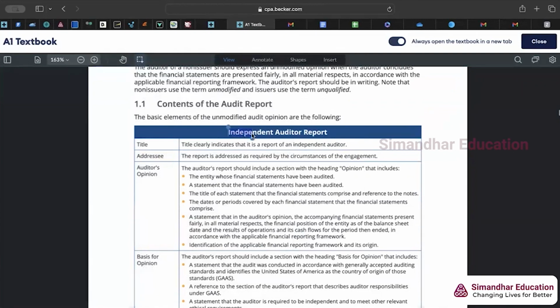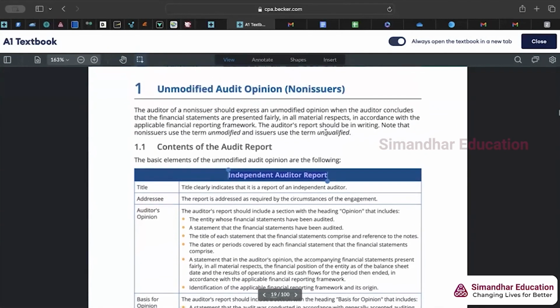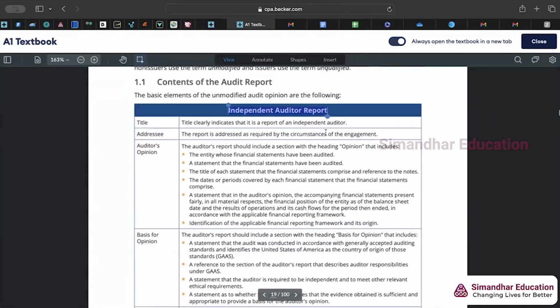First, independent auditor's report is used as the title when we are talking about a non-issuer's audit opinion, which is unmodified. Okay, that is the title. Who is the addressee? The people who have engaged you to conduct the audit. They are the addressees. Then you give your audit opinion.